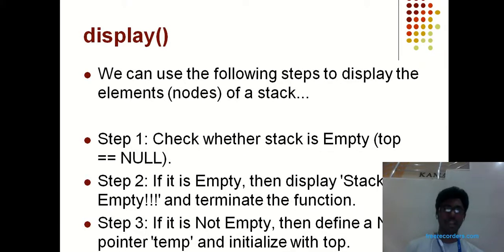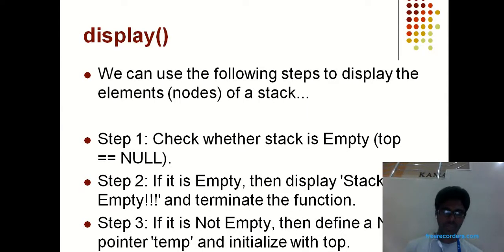Display. We can use the following steps to display the elements of the stack. Step 1. Check whether stack is empty, top equal to null. Step 2. If it is empty, then display the stack is empty and terminate the function. Step 3.